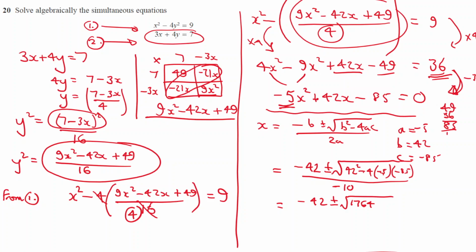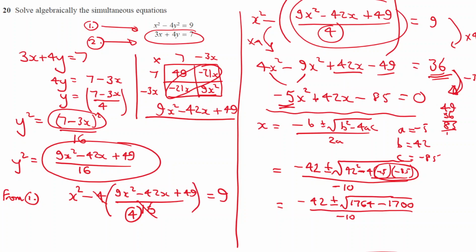So 4 5s times 85 is 1,700. I'm going to write that down there. I'm going to make sure I get the right operator between those two numbers. Now this is a negative times a negative, which is a positive, so I'm subtracting a positive value, so it's going to remain as subtract. Okay, that's all over negative 10.